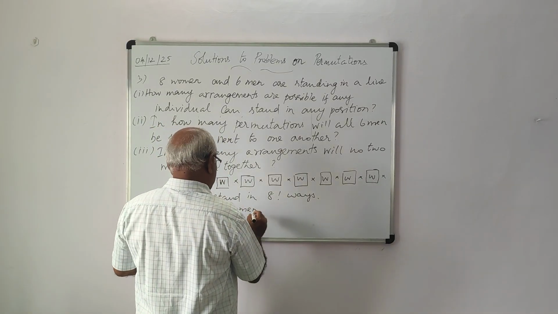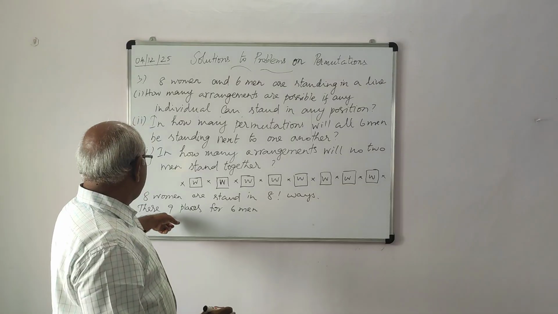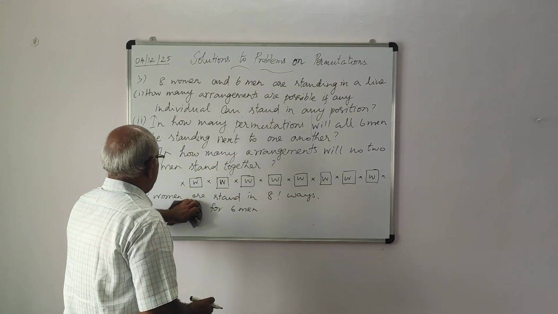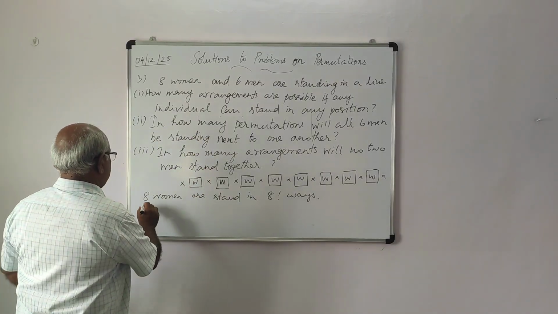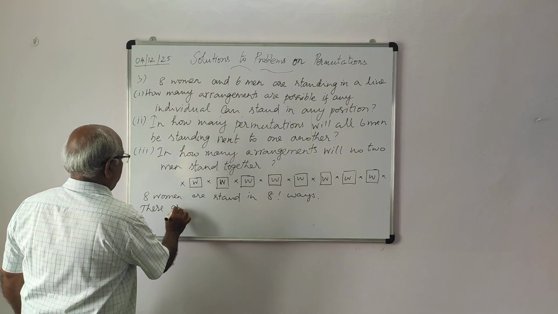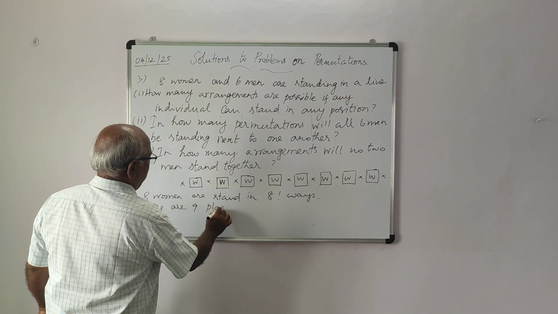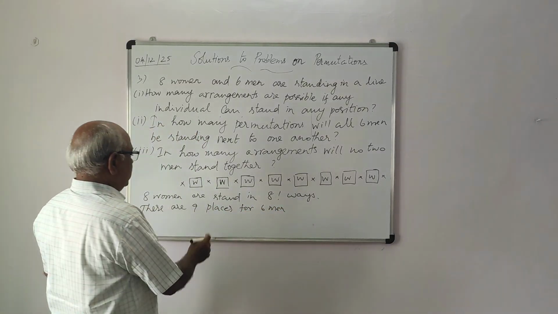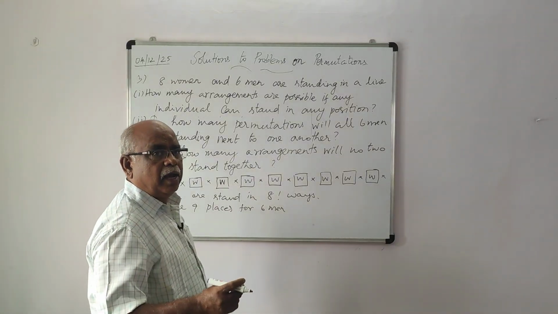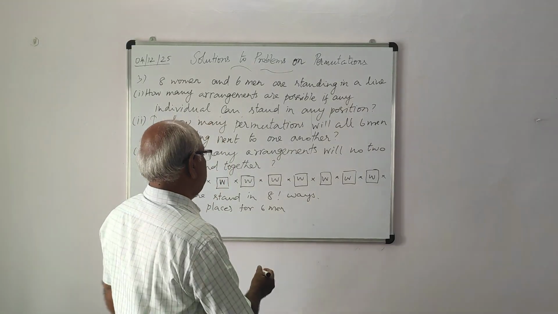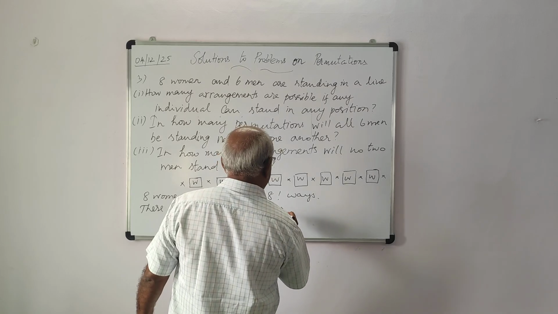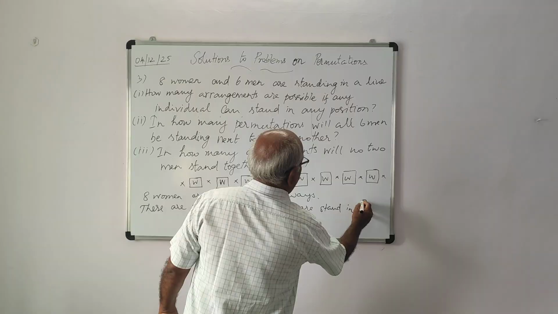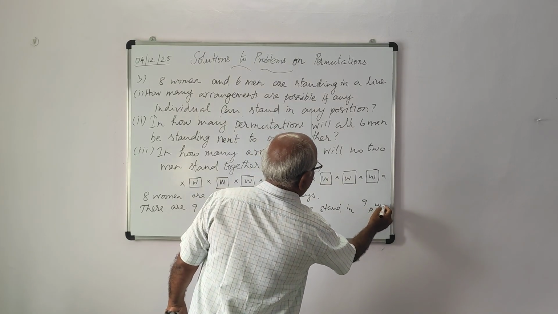There are 9 places for 6 men. So these 6 men stand in 9 places, in 9p6 ways.